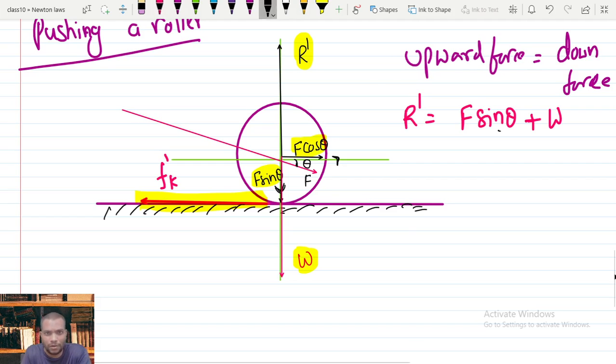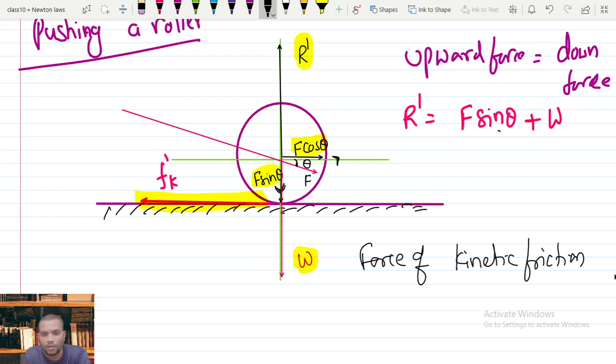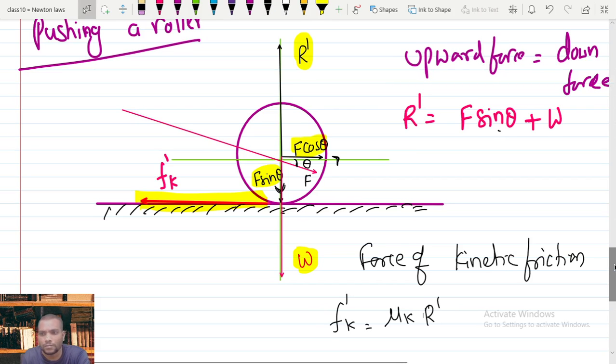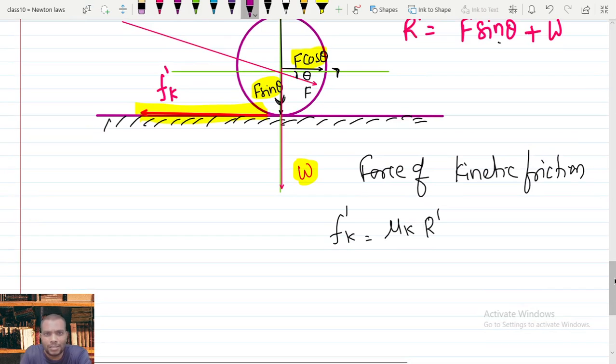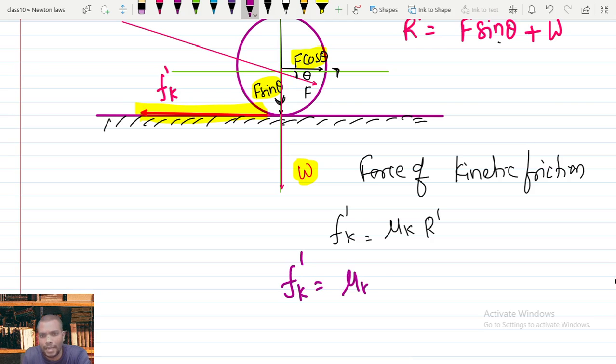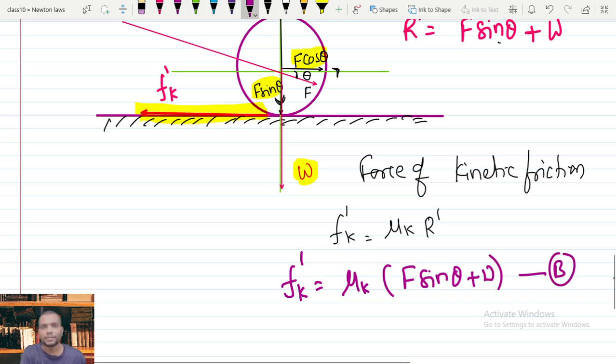Now write the expression for the force of kinetic friction: F_k dash equals mu_k times R dash. Here mu_k is the same because we are rolling on the same surface. So F_k dash equals mu_k times (F sin theta plus W). Let me call this equation B.